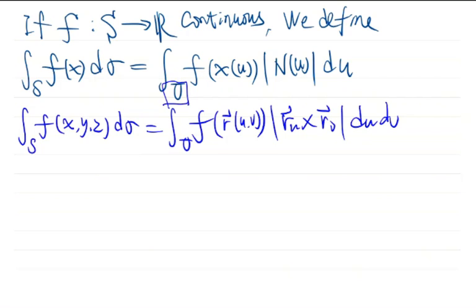Here is a double integral, because n is 3, n-1 is 2, and these two are the same. These two are similar, simply replacing the point on the surface by its parametrization, by its representation by parameters from the parametric domain.